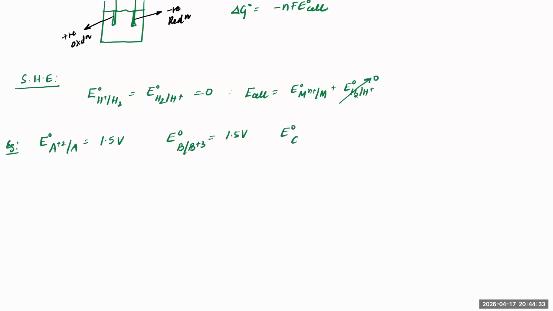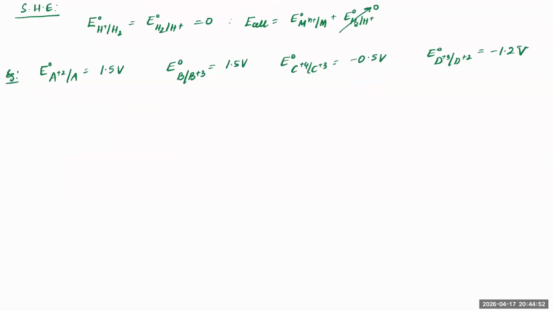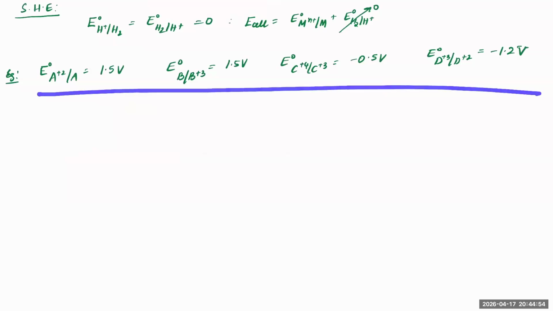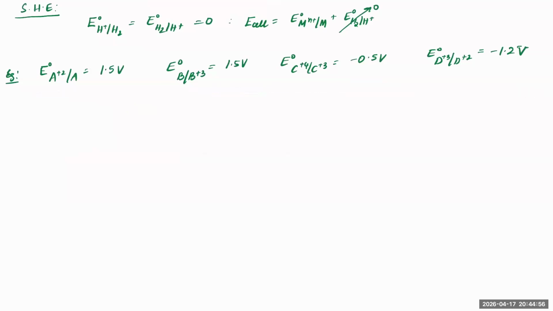E naught of C plus 4 to C plus 3, its value is minus 0.5 volts. And E naught of D plus 3 to D plus 2, this value is minus 1.2 volts, let's say. Then you need to figure out what are their oxidizing potentials and reducing potentials. And imagine if I connect these two, what is the best cell potential I can make?